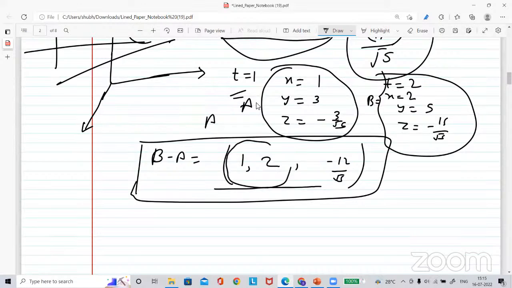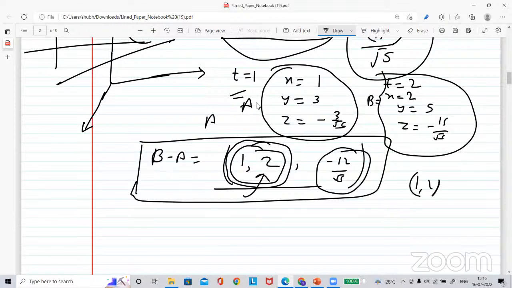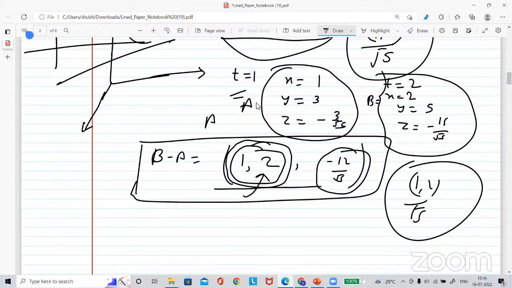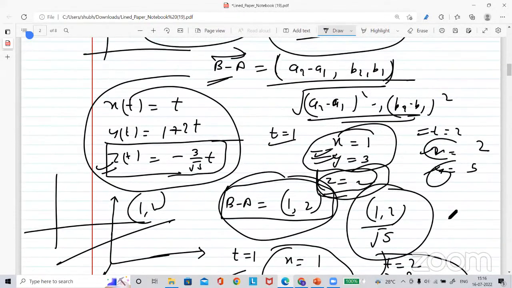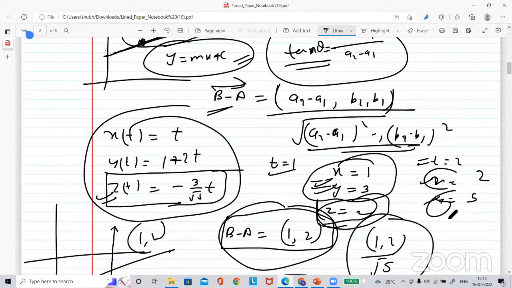Okay, but for our case we only need 2 coordinates for the direction, so you will not consider this one, you will consider only these and make it a unit vector. Then this will give you the direction, right? The same thing as you studied in math 1, the same process is happening here. There is nothing else, there are no differences.